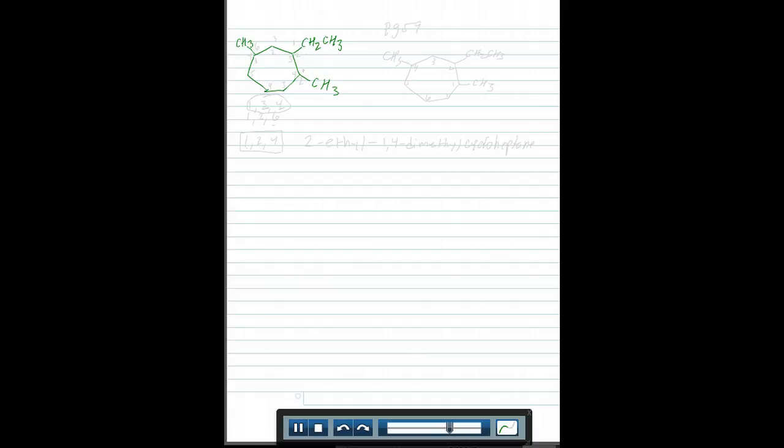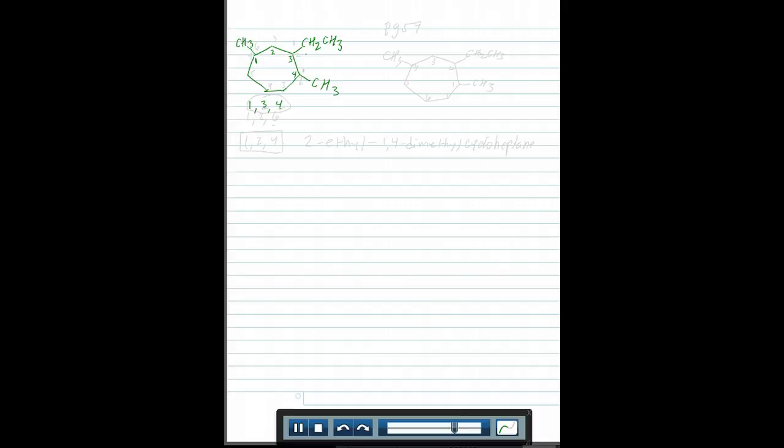Okay? So, there's lots of places I can start. You're obviously going to start on one of these substituents. So let's say I start at the methyl here. So if I go 1, 2, 3, 4, my substituents are at the 1 position, the 3 position, and the 4 position. Okay, alphabetizing has nothing to do with this yet. Don't say, well, this is the ethyl, so I'm supposed to start there. That's only if you have 2 substituents.